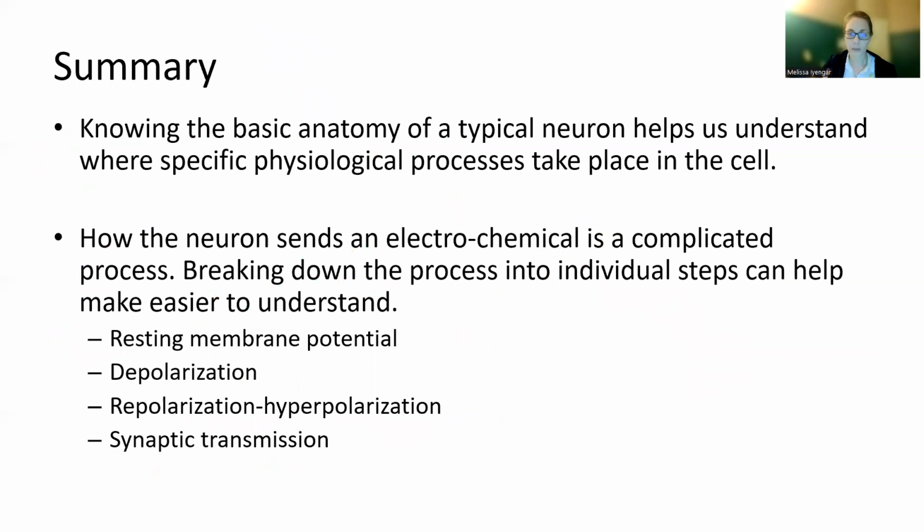So after all of these videos, you should understand how to draw a typical neuron, what are the functions of each part of the typical neuron. You should understand the complicated process of neuron physiology. What is the process of resting membrane potential, depolarization, repolarization, hyperpolarization, and synaptic transmission?